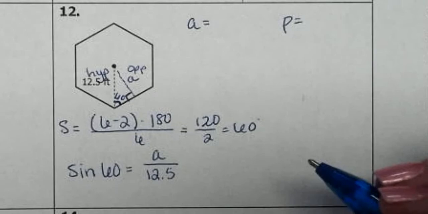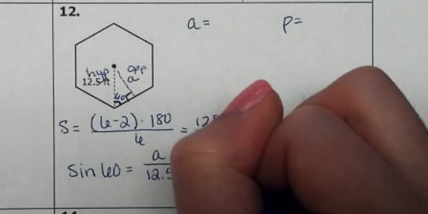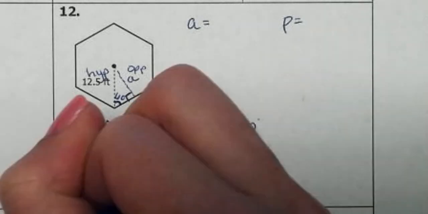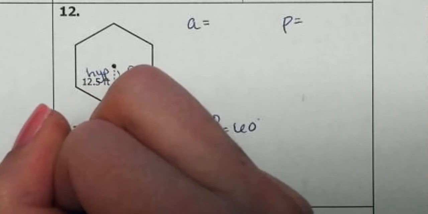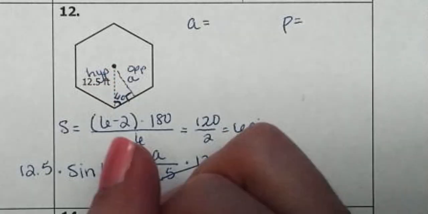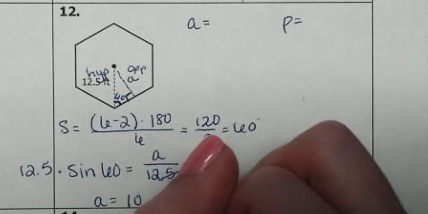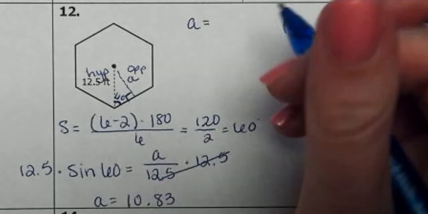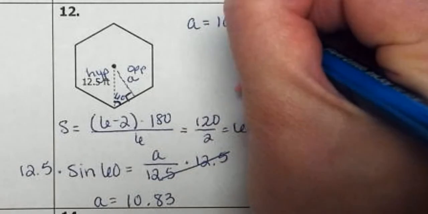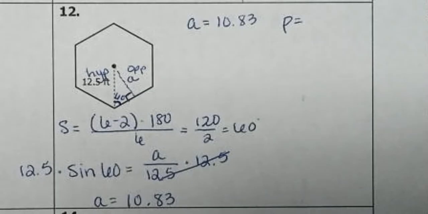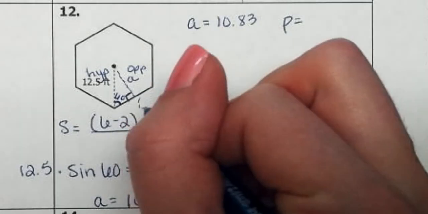So I just got to multiply by 12.5. And if I plug it into my calculator in degree mode, my apothem ends up being 10.83. There's part of my solution.